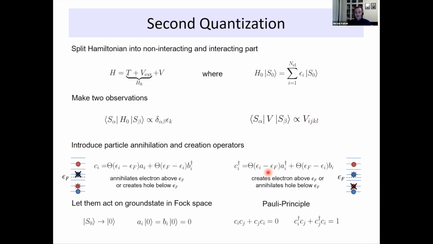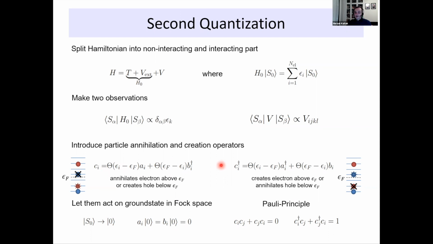Now in the next step, one shifts the perspective and introduces the particle annihilation and the particle creation operators. Now, the idea here is that this operator, Ci, can annihilate electrons above the Fermi energy, while simultaneously can also create a hole below the Fermi energy, like so.